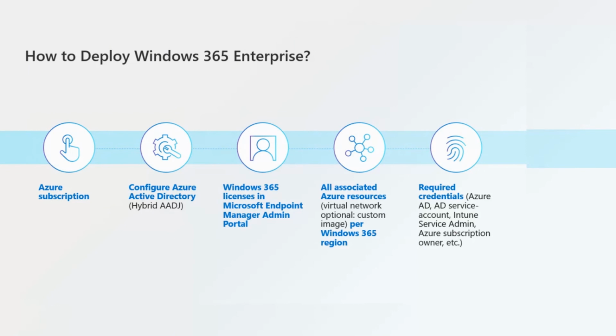You can then manage the license of your MEM. Once you do that, with image and network in place, you can start associating these resources to Windows 365 as per the region. Finally, make sure you have all the permissions that we spoke about earlier for your tenant and Intune to configure and manage resources to be consumed by Windows 365 Cloud PC.